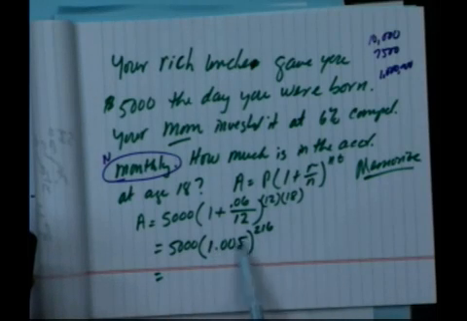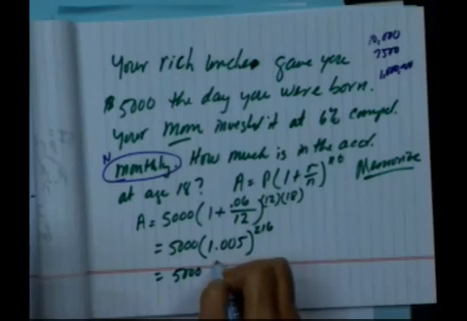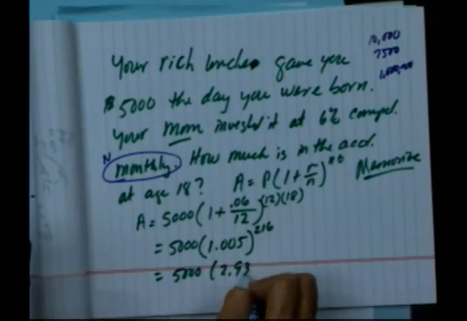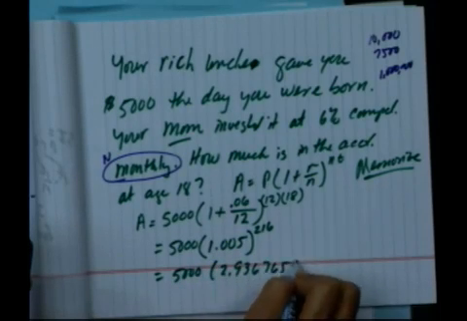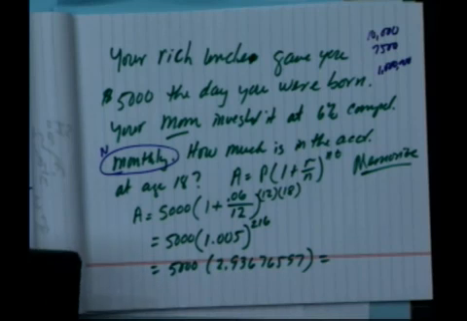So remember, you take care of exponents before multiplication. So we got 1.005 raised to the 216 power. So we have 5,000 times about 2.936766597. You just keep enough decimals so you can round it to dollars and cents.